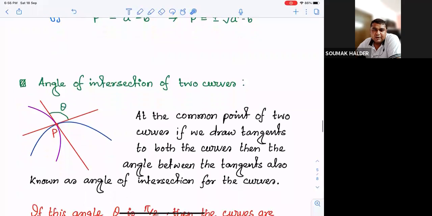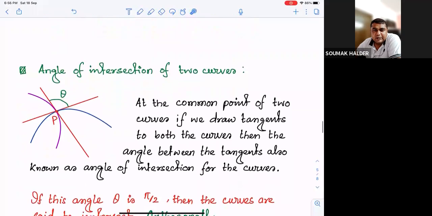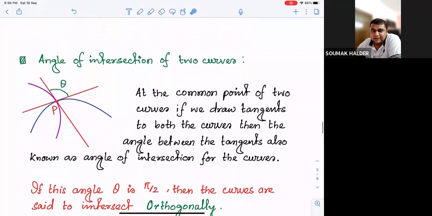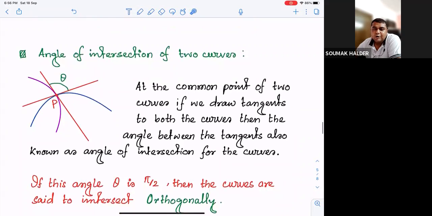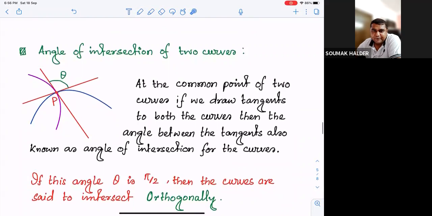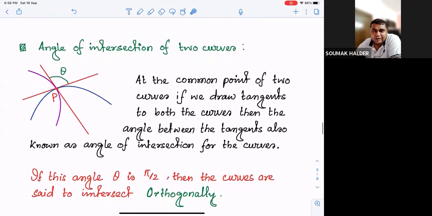In particular, if this theta is a right angle, then we call the curves orthogonal, or we say the curves are intersecting orthogonally. So when the angle of intersection of the two curves is the right angle, we call such curves orthogonal curves.